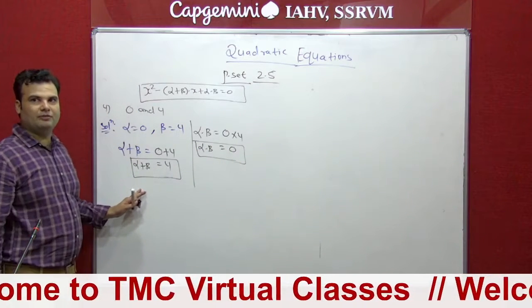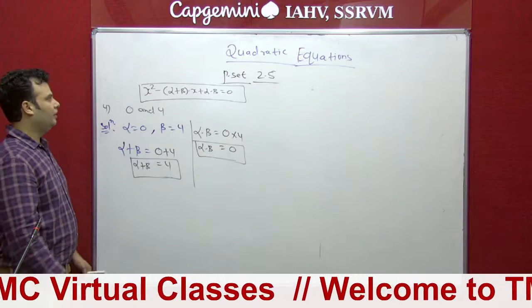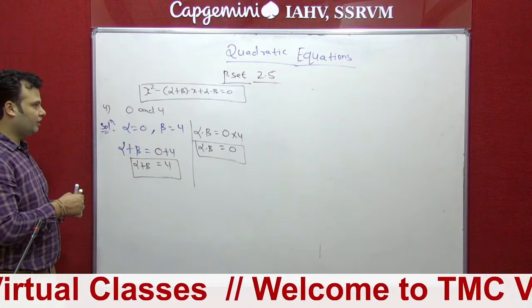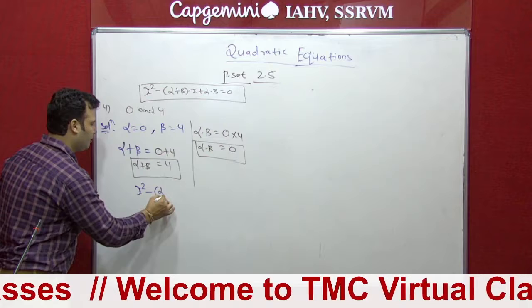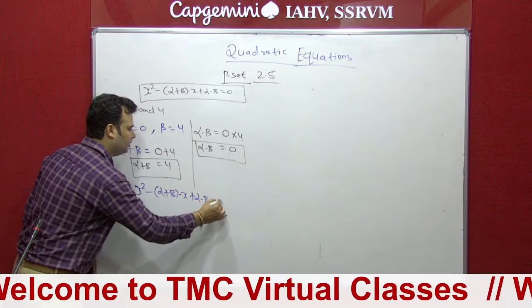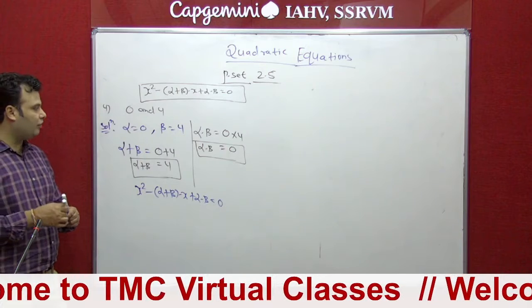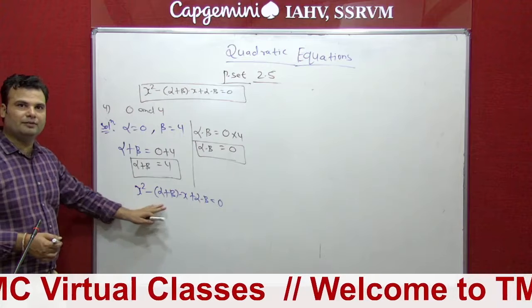Now we have the value of alpha plus beta and alpha into beta. Now we can form the quadratic equation. The quadratic equation is x square minus (alpha plus beta) into x plus alpha into beta equal to 0. Now students, we have the value of alpha plus beta as well as alpha into beta, so in this equation we can put the values.